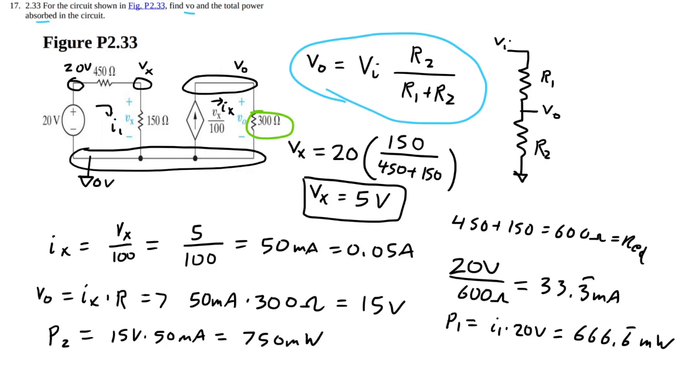So that plus 750 plus 6.67. The total power is going to be, let me just write in watts, 1.4166 repeating watts. So there we go.